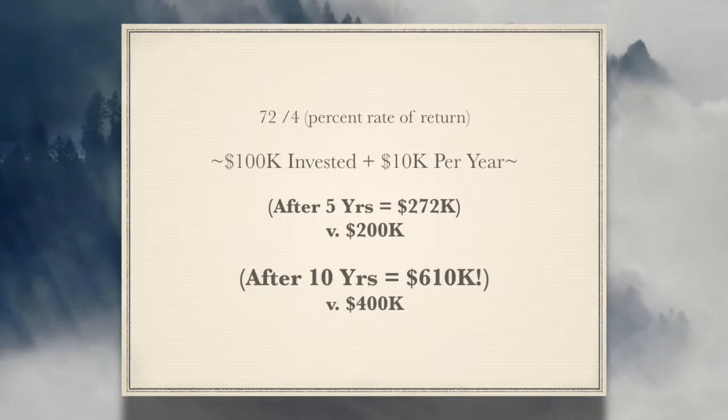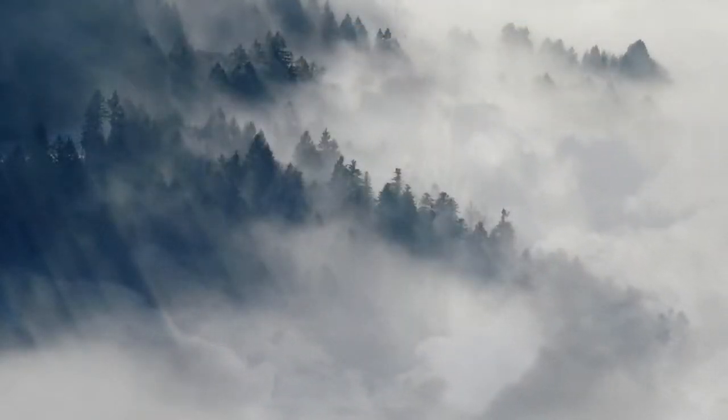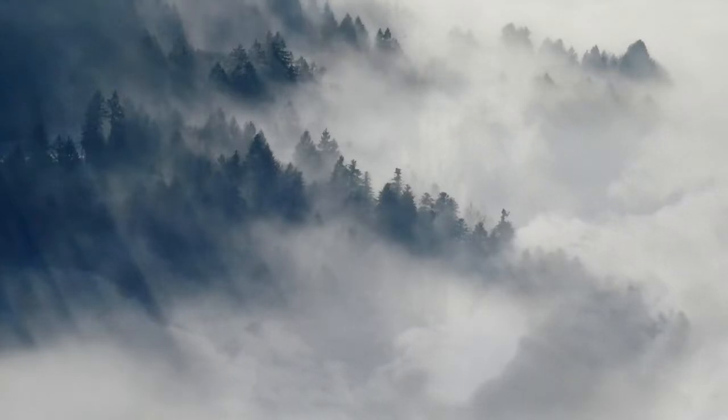And after 10 years, your investment will be worth a whopping $609,500 instead of $400,000 in the initial example. This shows the power of using the Rule of 72 with cash infusion on investment on a consistent basis, along with compounding your return on investment.